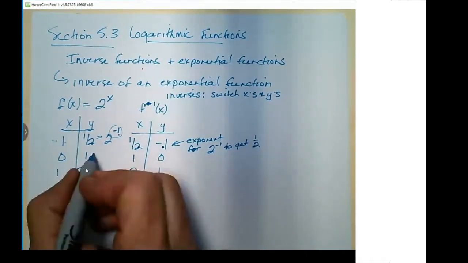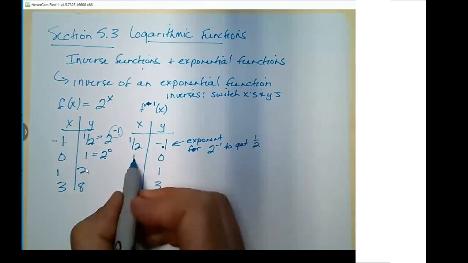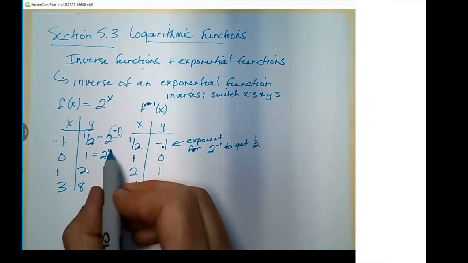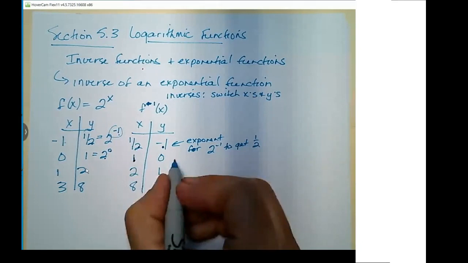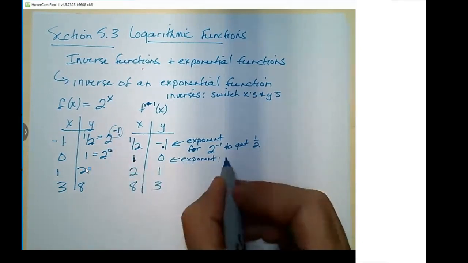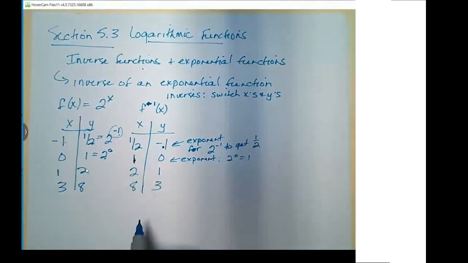Same thing for this one. When we did this, 1 was the same as 2 to the 0. So when we put in 1 for x, we're saying what exponent do we have to raise 2 to get an answer of 1? So our exponent that we'd have to use here would be 0. So this is saying that 2 to the 0 would give us 1.